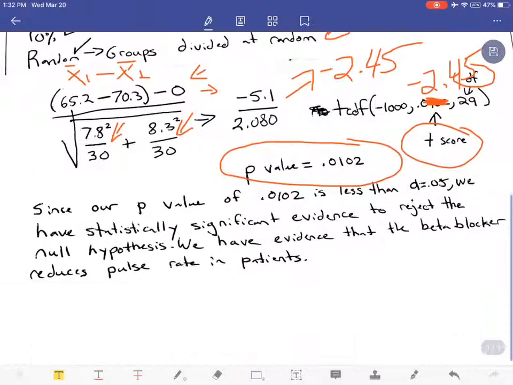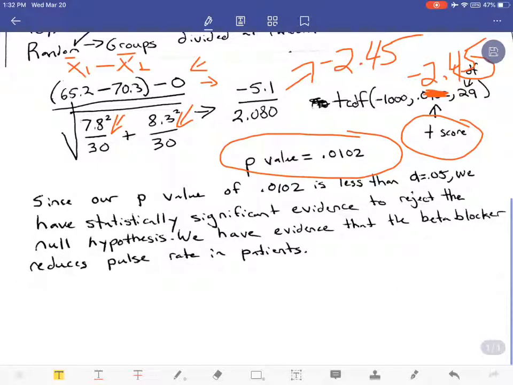So this is how we interpret our answer. We say since our p-value of 0.0102 is less than our significance level of 0.05, we have statistically significant evidence to reject the null hypothesis. We have evidence that the beta blocker reduces pulse rate in patients.